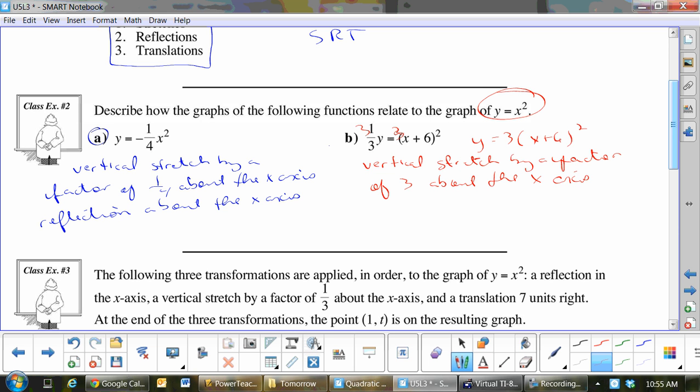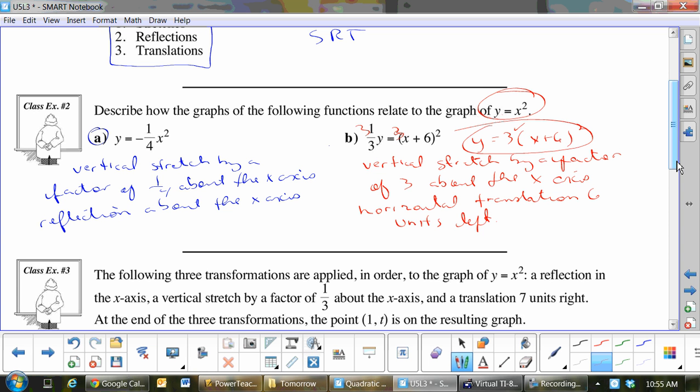Okay, this is what it used to be. This is what it is. We got this, but you see there's a little more information. Yep. Very good. And then a horizontal translation, 6 units left. Okay, so picture that.